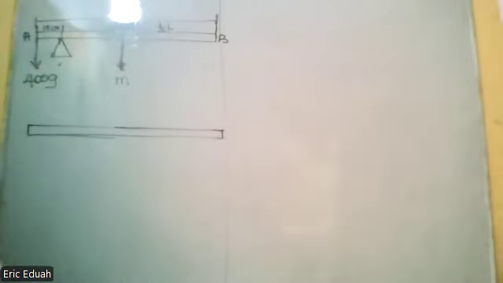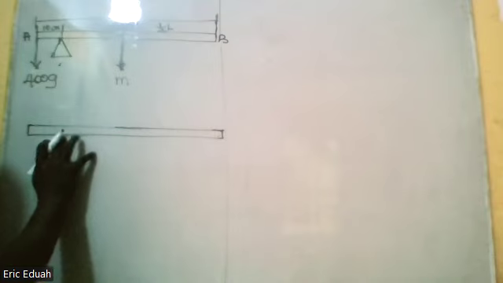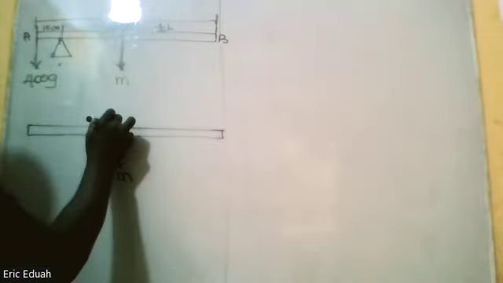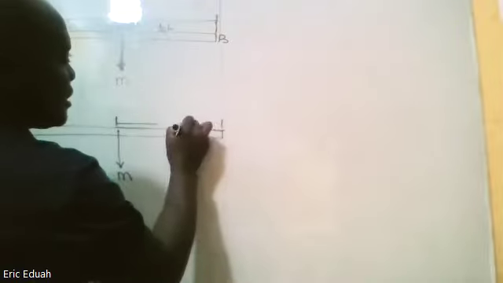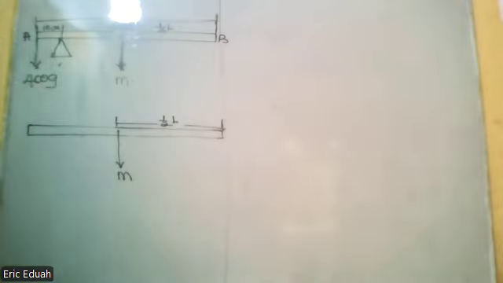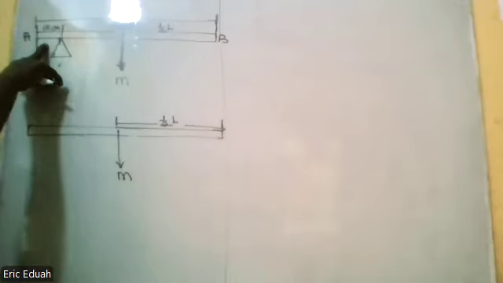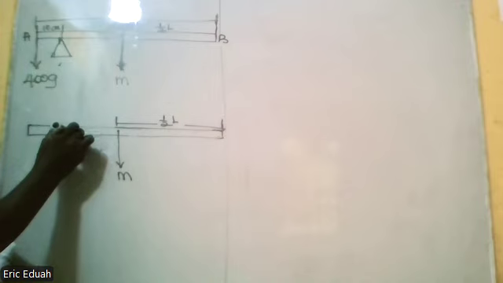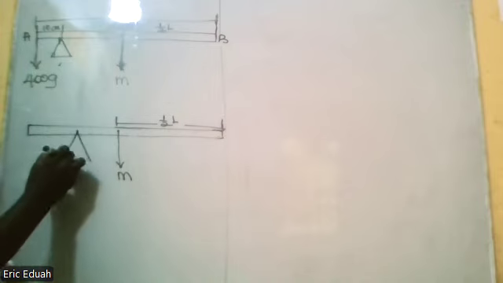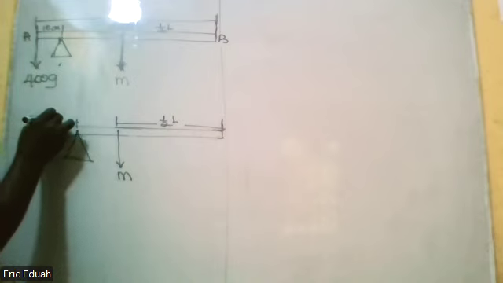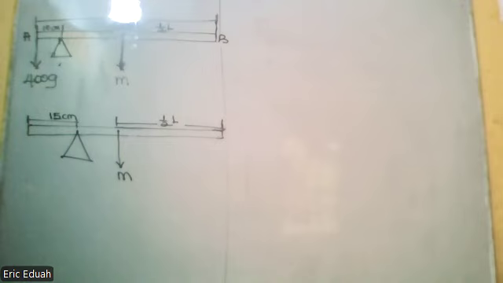It is the same uniform stick, so its mass is here, meaning the same dimension, half of L. The only change is that when the knife edge is moved 5 centimeters further, before it was 10 centimeters from A, now from the end to where the knife edge is, this time we have 15 centimeters, because it is moved 5 centimeters further.